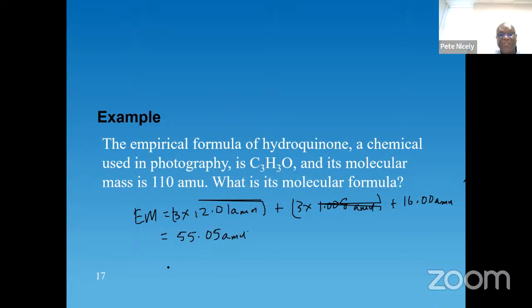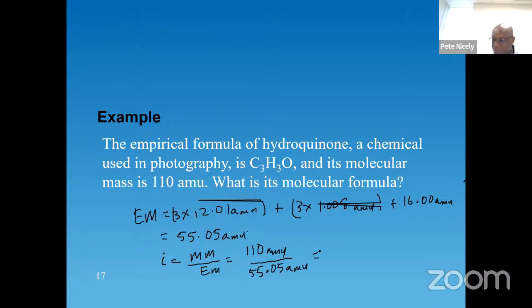Then I will find the integral factor, which I'm going to call I. The integral factor will be equal to the molar mass divided by the empirical mass. The molar mass is 110 AMU, and the empirical mass we just calculated is 55.05 AMU.